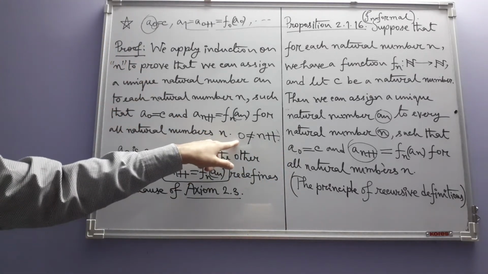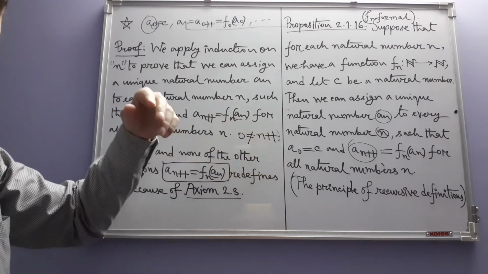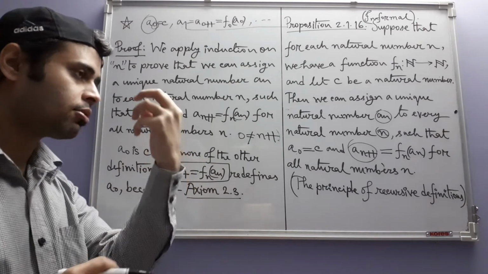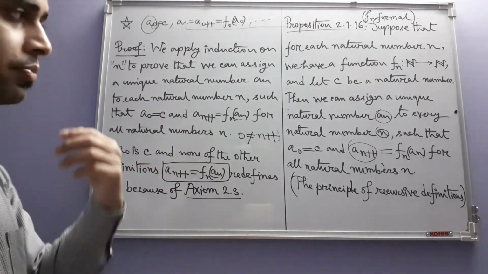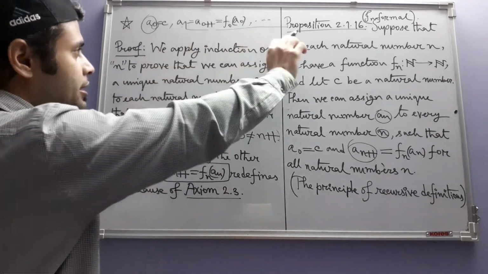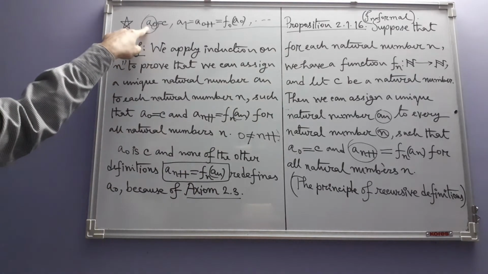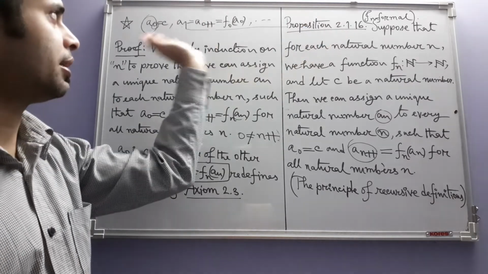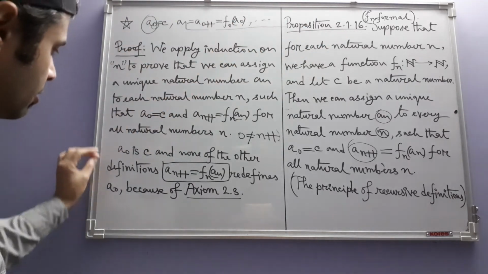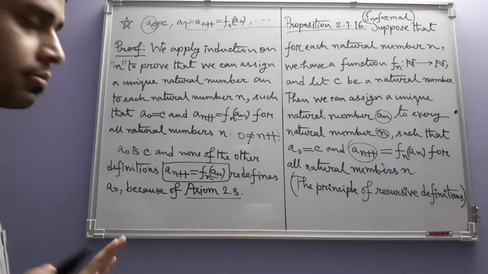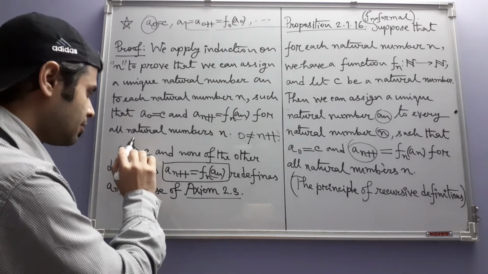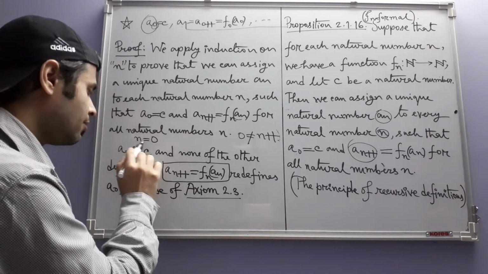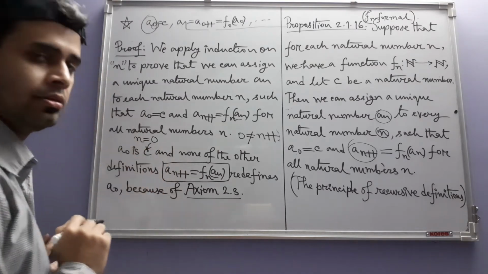So because 0 does not appear more than once, a naught continues to be only c, and there is no problem actually. A naught is c, and that is fixed. So for n equal to 0, I have a unique value of a naught, and that is c only, nothing else.